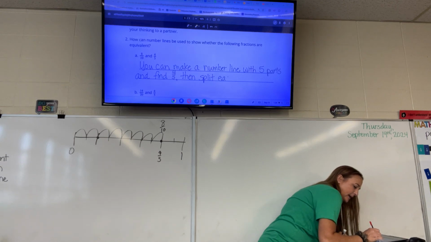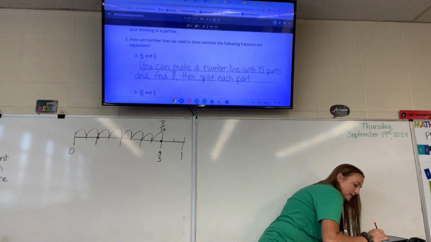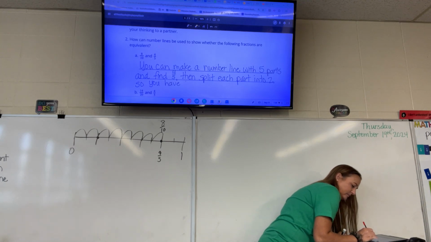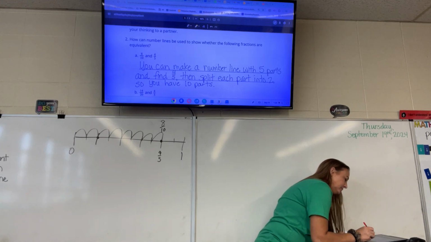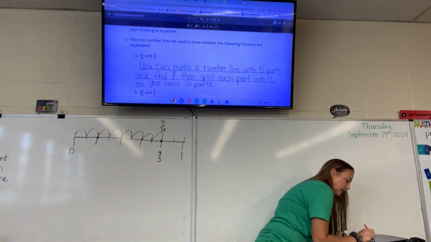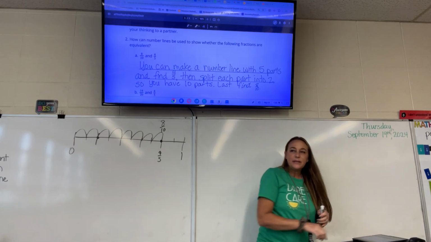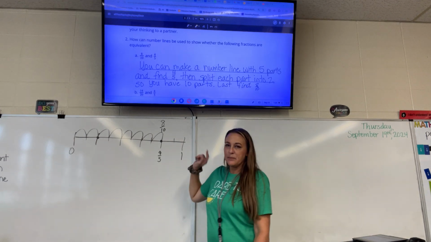There won't be too much writing today. Split each part into 2. So you have 10 parts. Last, find 8/10, which we did, and we found that they were at the exact same spot.